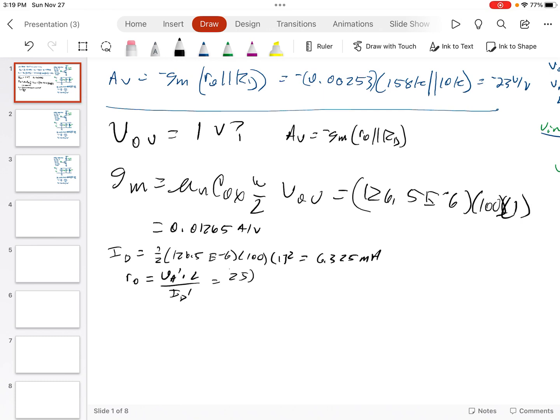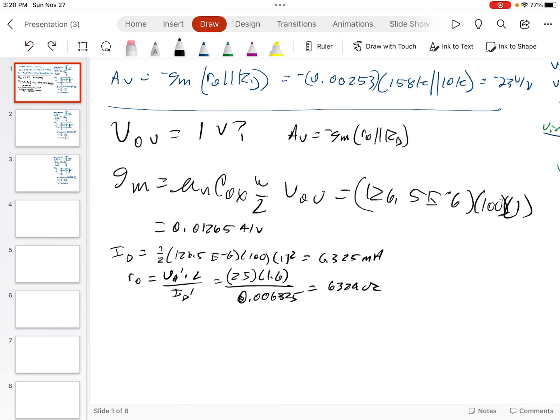So that's 25 volts per micron times 1.6 divided by the current, which is 0.006325, and we get a value of, well, let's just do that quick here. 25 times 1.6 divided by 0.006325 is 6324 ohms.